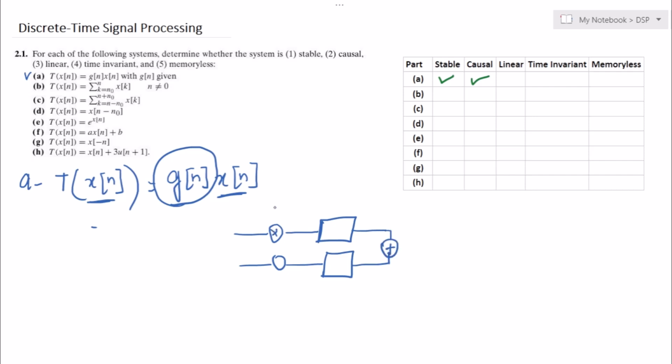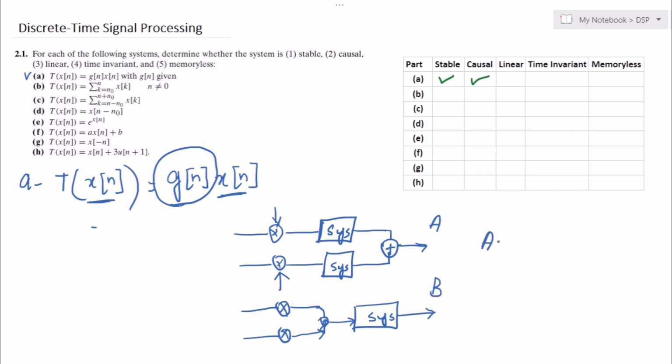This is the multiplicative factor, this is the multiplicative factor as well, and here we get A. Similarly, if the same system is here, we have similar multiplicative factors, and we have added them together. After it we will pass it through the same system, and the output of it will be B. So if A is equal to B, the system will be linear.